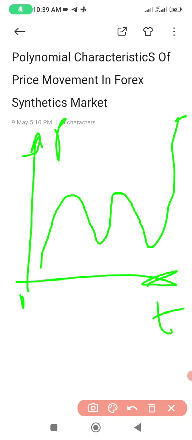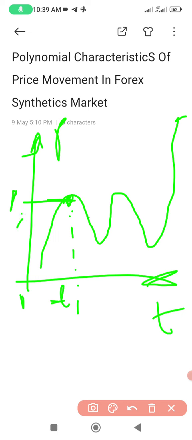Now I'm going to take some critical points where there are probabilities of generating signals and map their prices and their time component. So we have a point here, we project it here to have T1, and the price is P1.